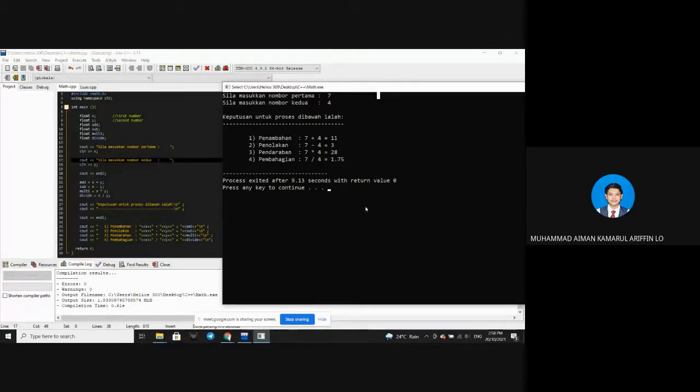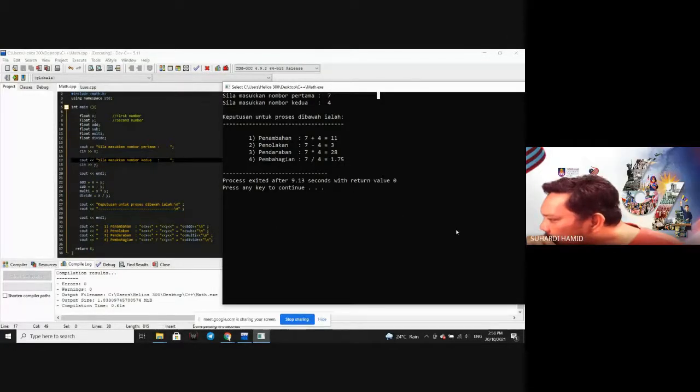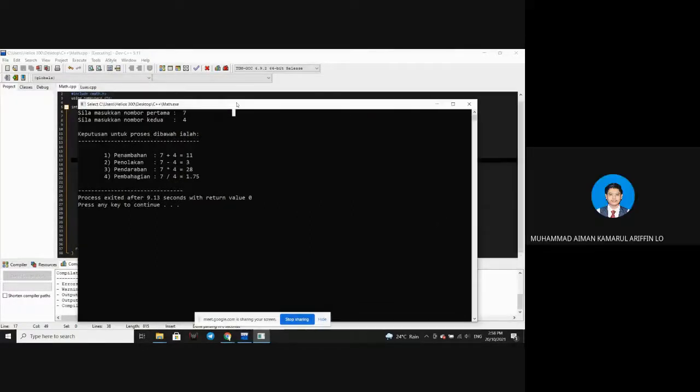Can you see this? Yes. Can you change the value, instead of 7.4 become 7.3? Yes.